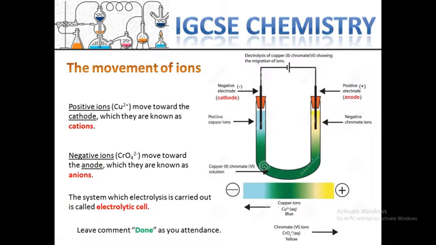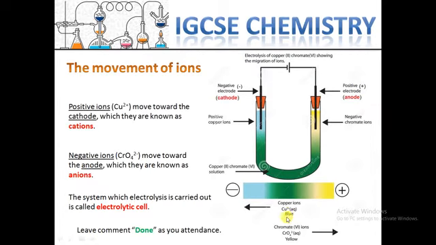So the positive ions, Cu, the positive ion of copper(II) chromate, move towards the cathode, the negative electrode, and the negative ions, chromate, move towards the anode, which is positive.